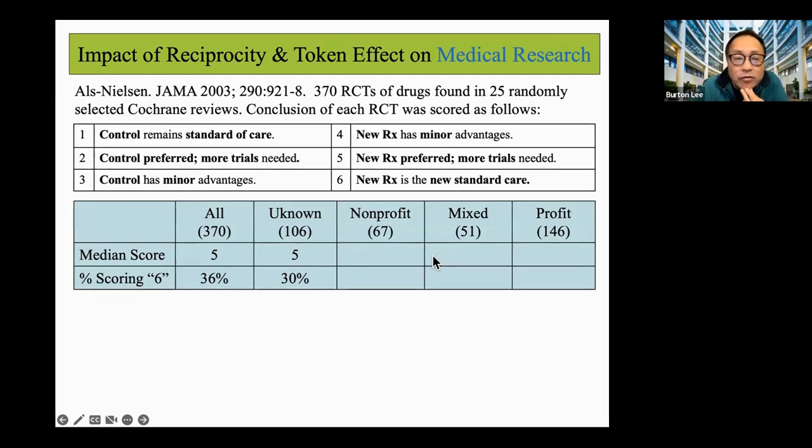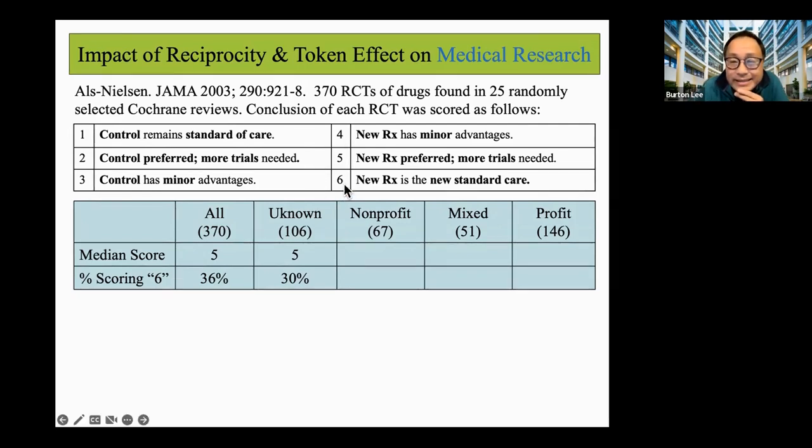And then they're able to categorize what was the conclusion of that randomized controlled trial on a scale of 1 through 6. So if you look at scale 1, the conclusion of the paper is that the new experimental drug or intervention didn't really work, so the control should remain the standard of care.